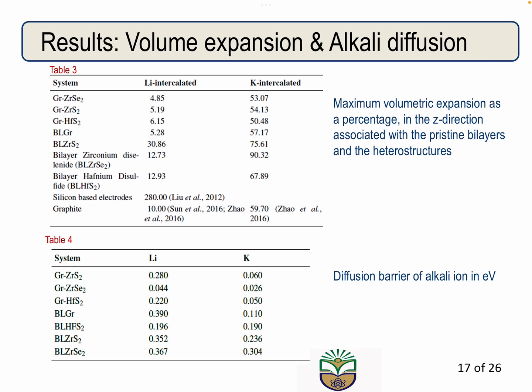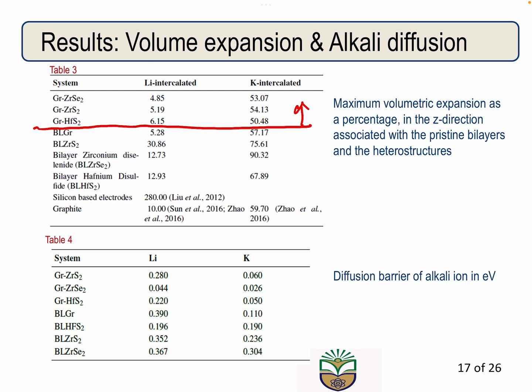Looking at table 3, we notice that for the heterostructures, which are at the top, upon lithium and potassium intercalation, we realized that the maximum volumetric expansion was recorded in the bilayer systems.